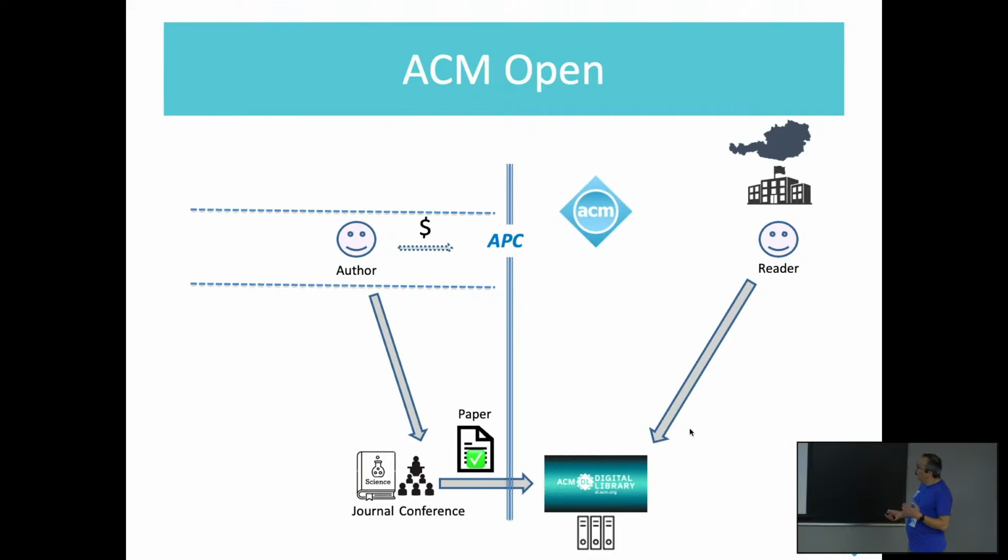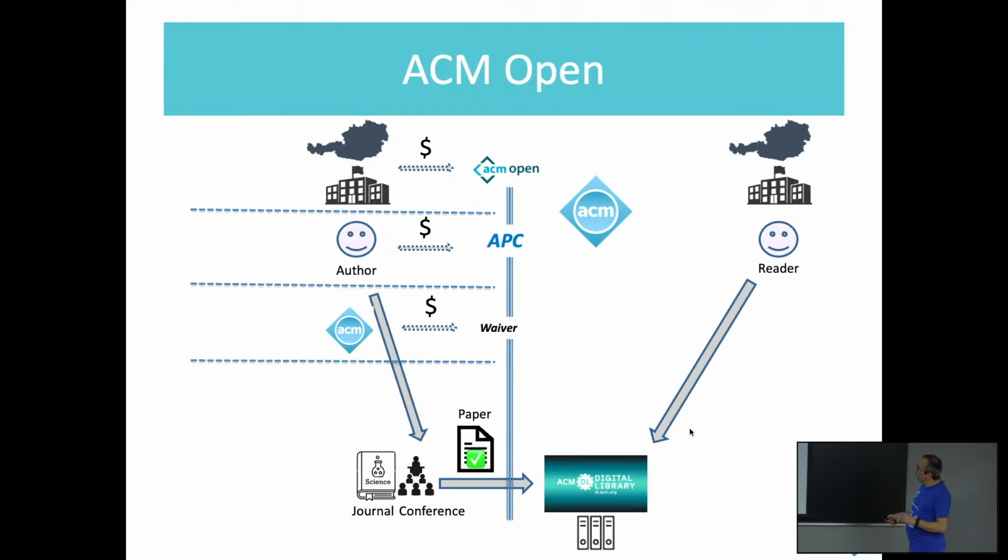I want to emphasize that ACM is the only publisher of that scale and of that quality that offers this, symmetric to what used to be the case for reading, now for publishing as well. And for people in underrepresented, difficult conditions or in underdeveloped parts of the world, there are waivers that we apply. The goal is to help the author.